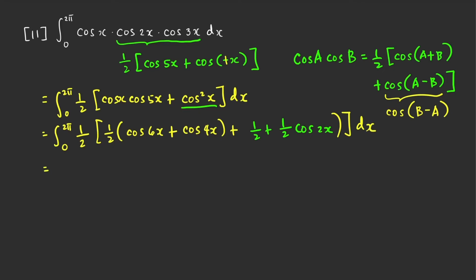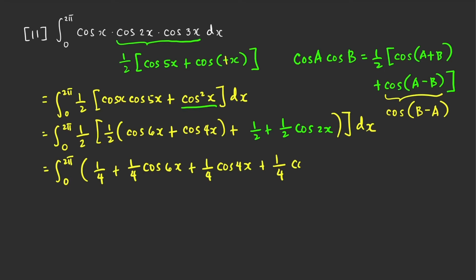So let us simplify a little bit the integrand here. So we can write the integrand as 1/4. So let's write down the constant first, and then you have here plus 1/4 cosine 6x, and then plus 1/4 cosine 4x, and then plus 1/4 cosine 2x dx.